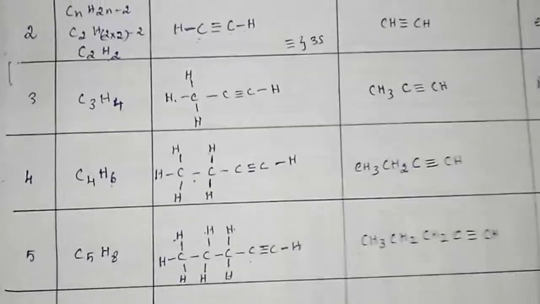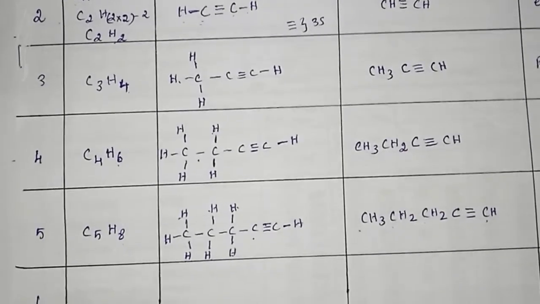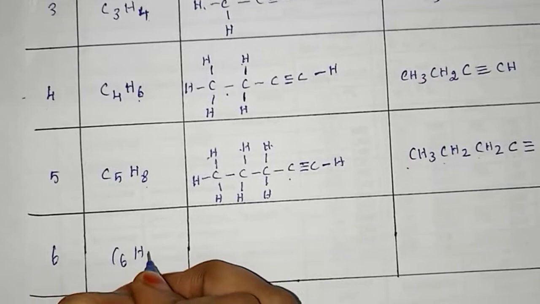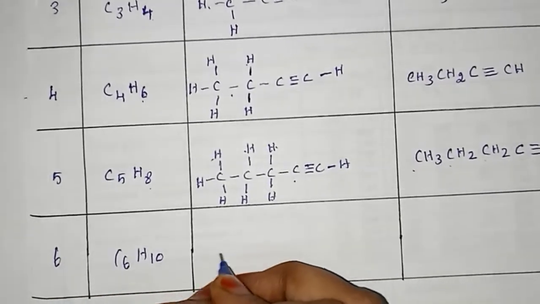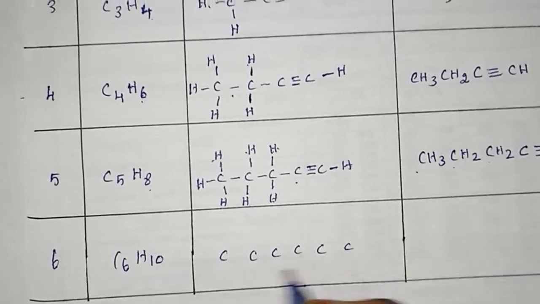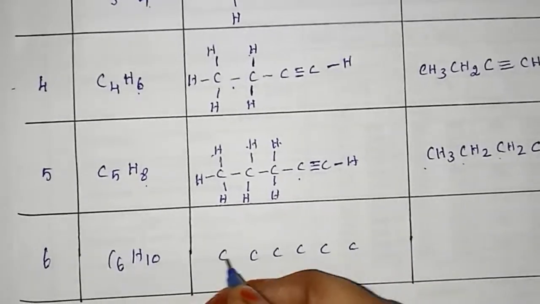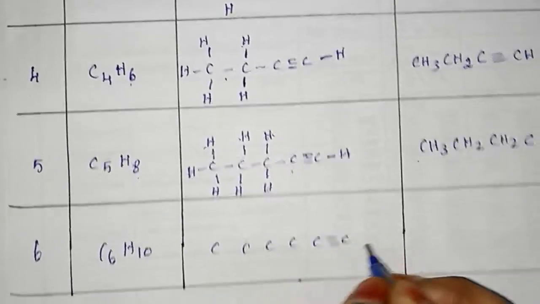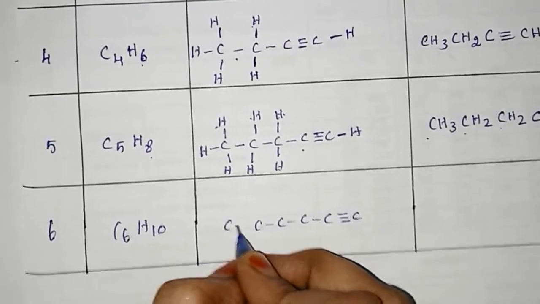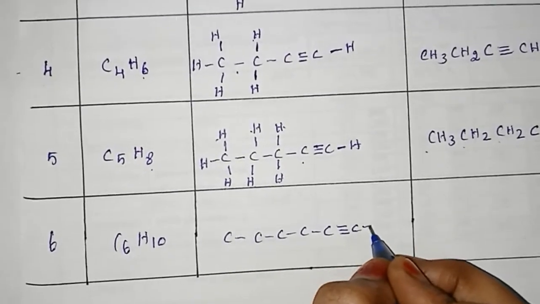And next case 6. Number of carbons 6. C6H10. So here it's like 1, 2, 3, 4, 5, 6. The last 2 carbons contain the triple bond. Remaining carbons are connected by single bonds.